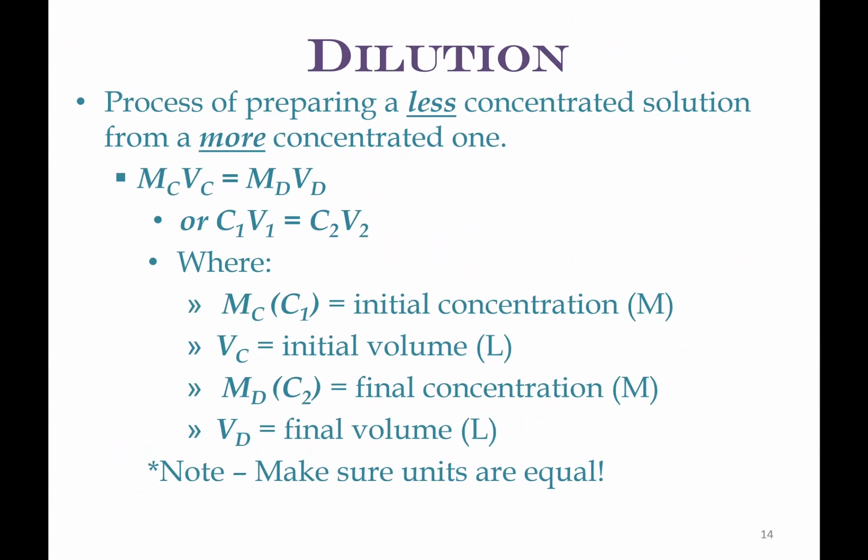Dilution. So a dilution equation is going to tell us where we're taking a concentrated solution and making a less concentrated solution. Normally that's the way we go. Technically, you could also boil off some of the liquid and become more concentrated.